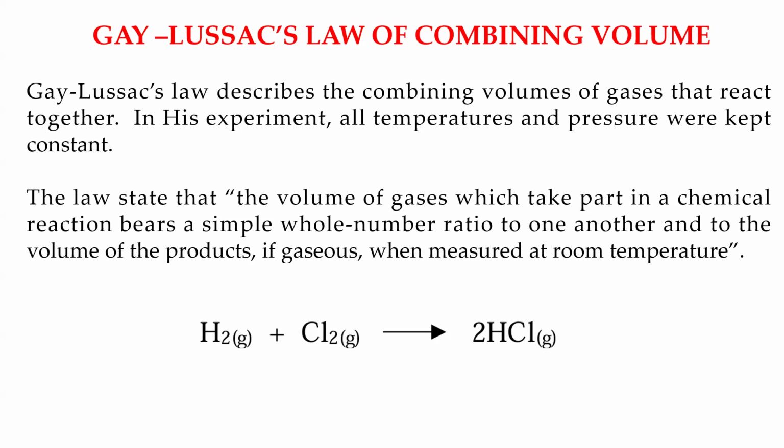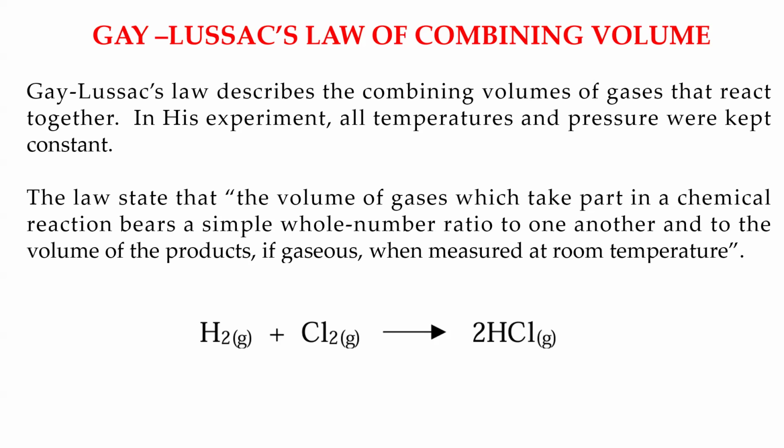So what happened when he kept the temperature and pressure constant? He stated that the volume of gases which take part in a chemical reaction bears a simple whole number ratio to one another and to the volume of the products, if they are gaseous, when measured at room temperature.